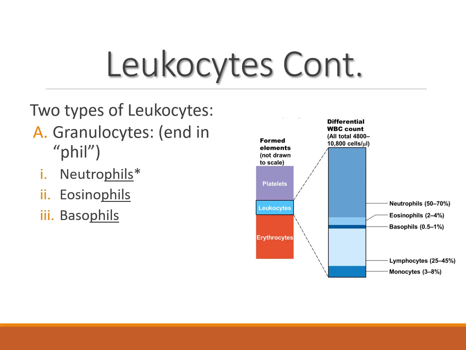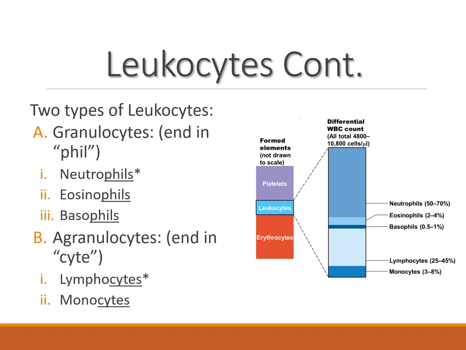So neutrophils, eosinophils, and basophils, okay? And why I have neutrophils starred is because they are the most common, most abundant white blood cell, okay? And then our other type is called an agranulocyte, and they end in "-cyte", so lymphocytes and monocytes, okay?